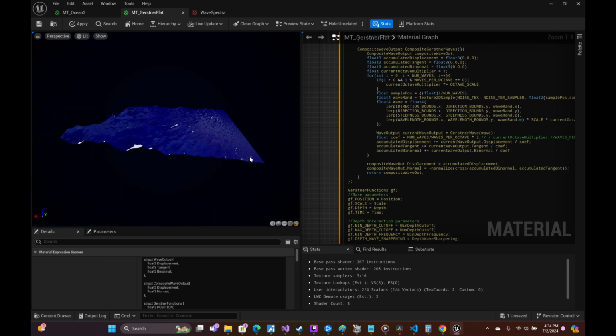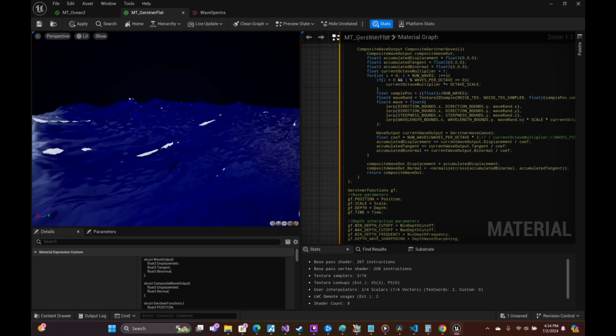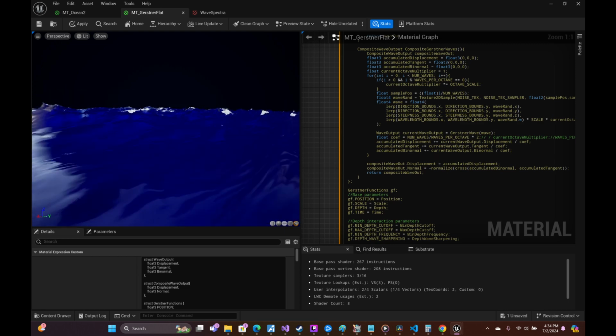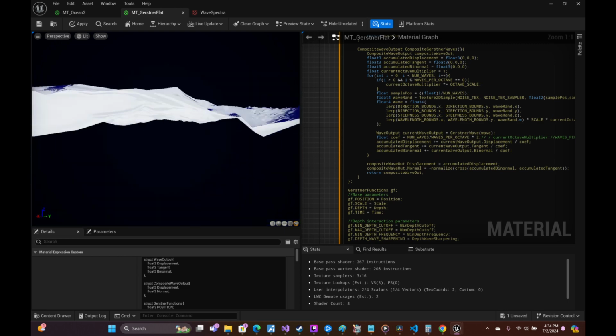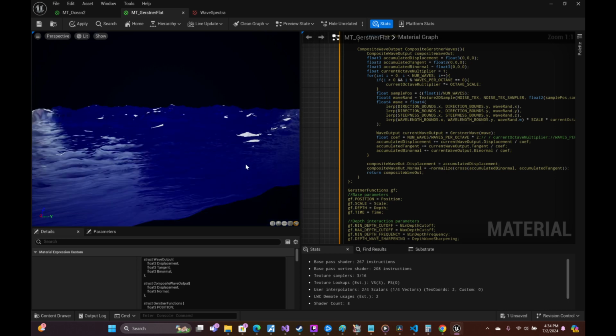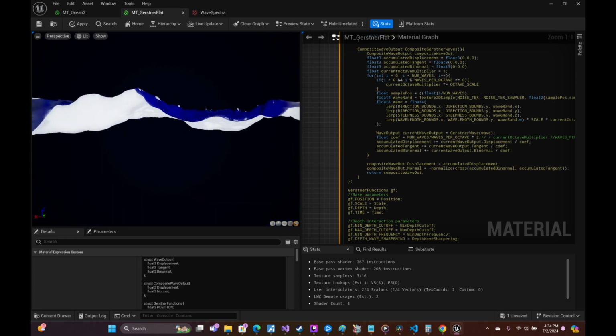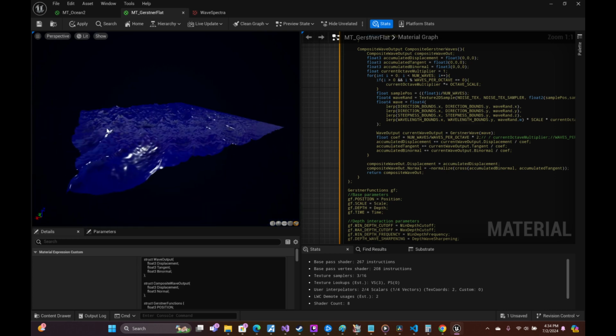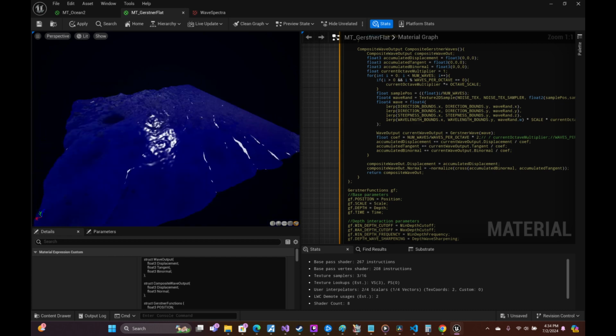We have our depth. We have our depth attenuation, where our waves get smaller and smaller as they get closer to the shallower side, and bigger as they're on the deeper side.